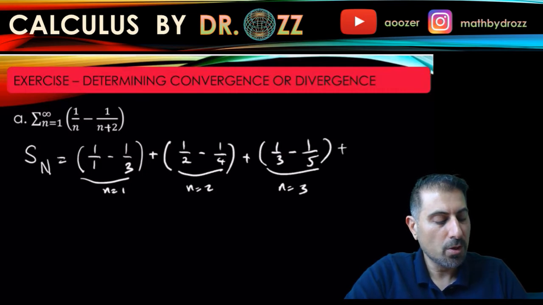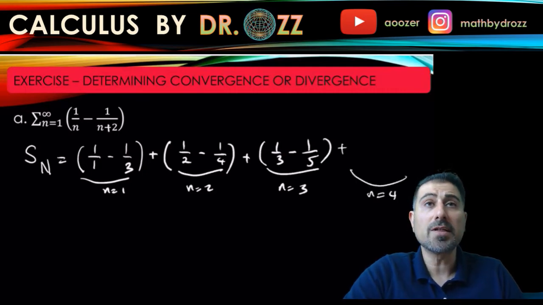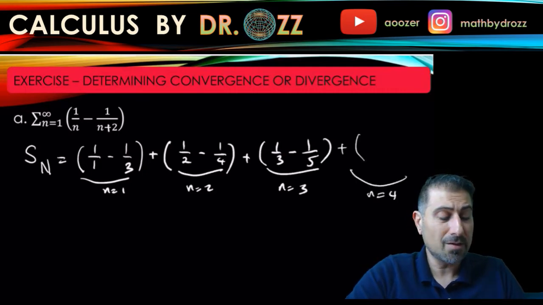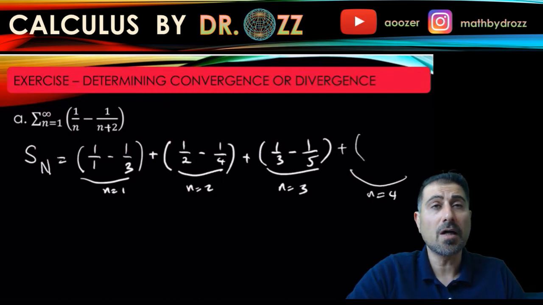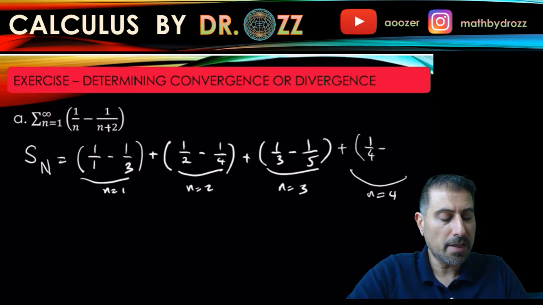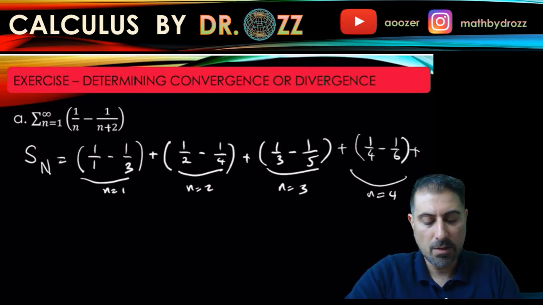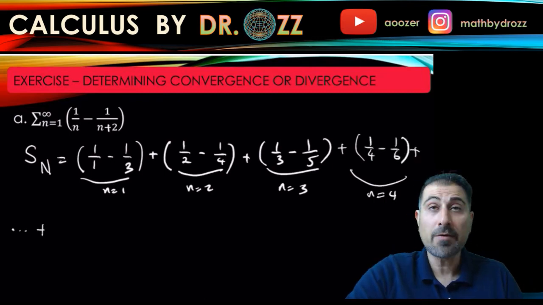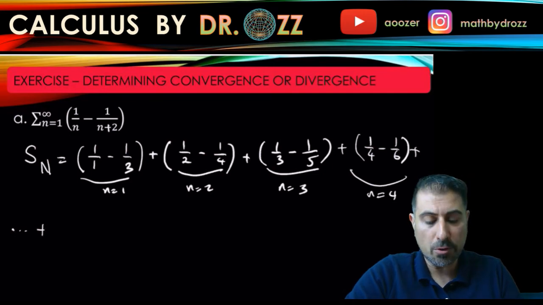Maybe one more, because it's better to explicitly write down at least the first 3-4 terms and the last 3-4 terms. So 1 over 4 minus 1 over 6 plus, and so on. Now I'm going to write the n minus 4th term.